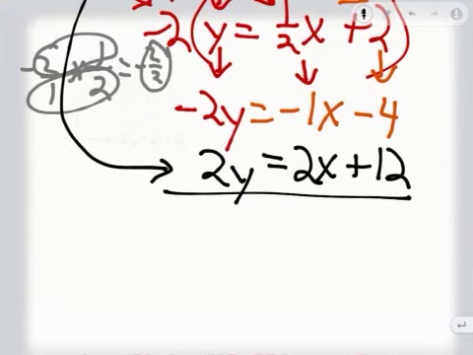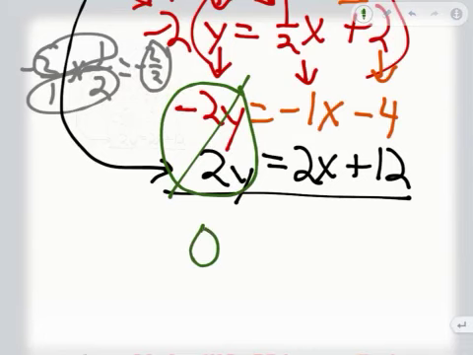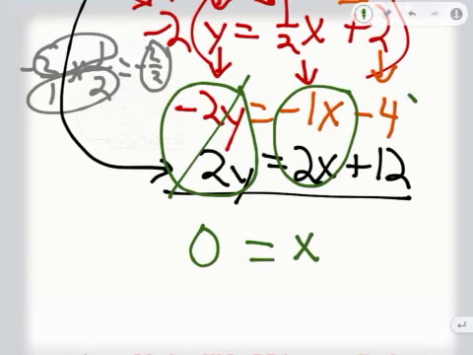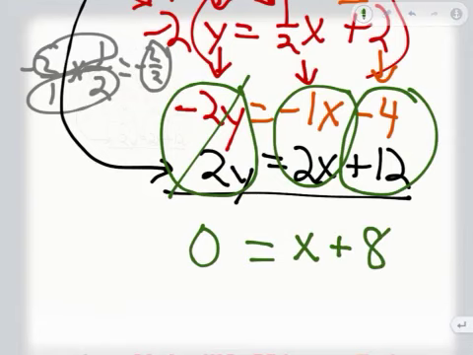So I'm going to combine these, and you see that whenever I combine these guys right here, a -2y and a +2y, they cancel each other out to be 0 or nothing. And a -1x and a +2x, when those are combined, I'm going to get 1x, or I can just put x. And then a -4 and a +12, that is going to give me a +8.